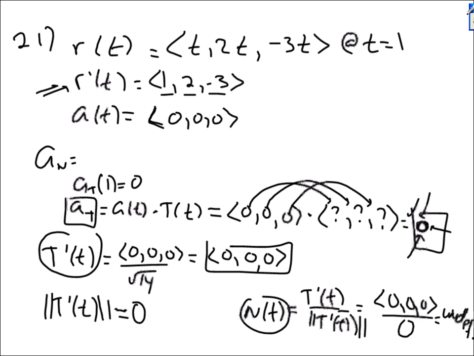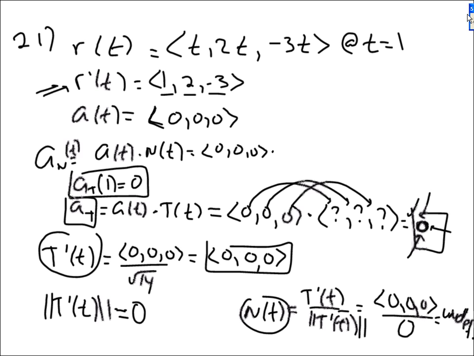Okay, now a sub N of t is our A of t times N of t. Now, A of t is 0, 0, 0. N of t is undefined. So this answer is undefined. You can't find a sub N of t. It's undefined.